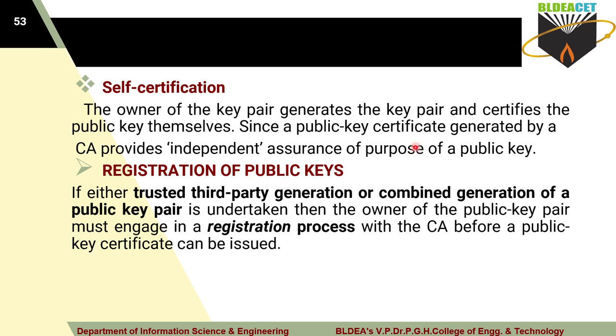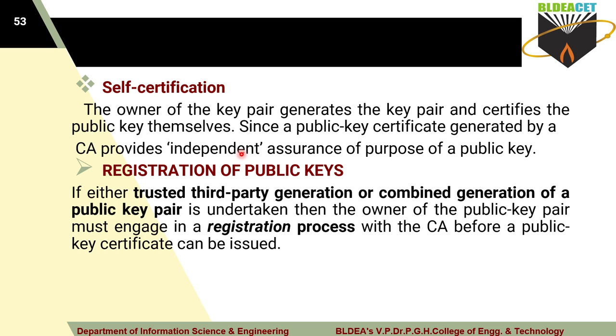Okay. So once you have created your public key pair, next you have to make registration of those public keys. So that is registration of public keys. If either trusted third party generation or combined generation of a public key pair is undertaken, then the owner of the public key pair must engage in a registration process with the CA before a public key certificate can be issued.